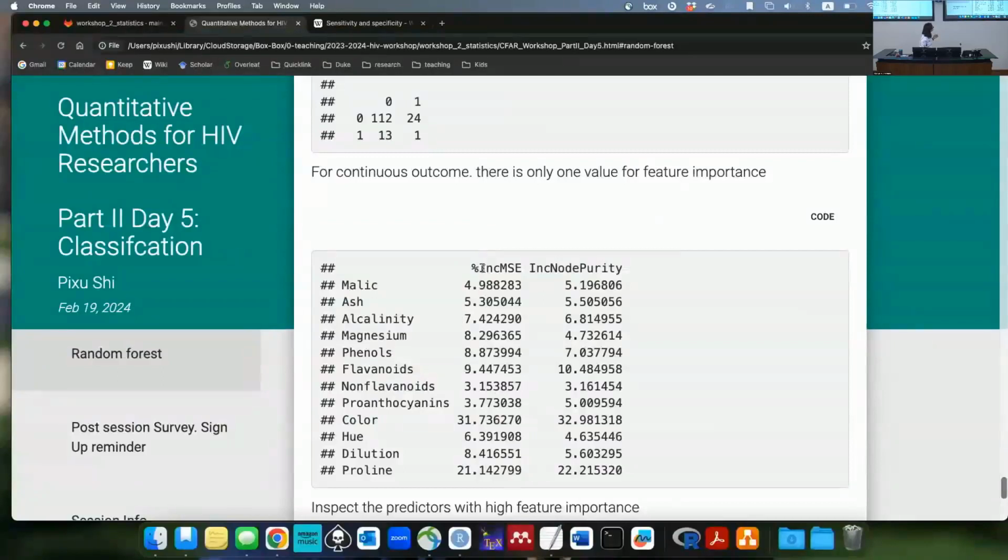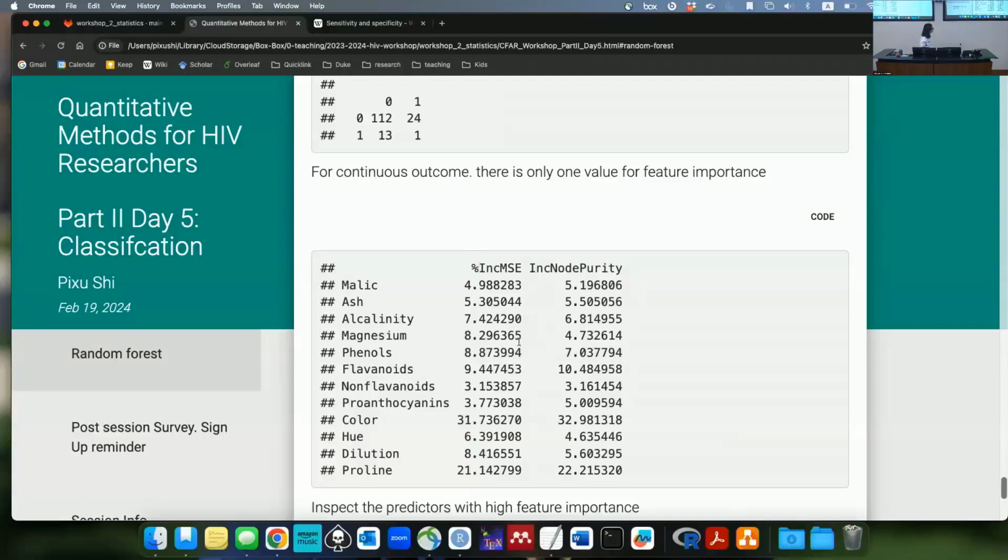This is the drop in MSE, this is the drop in purity. I think the first is the feature importance. The second is the average drop in purity. So there are two different ways of measuring the importance of each feature.